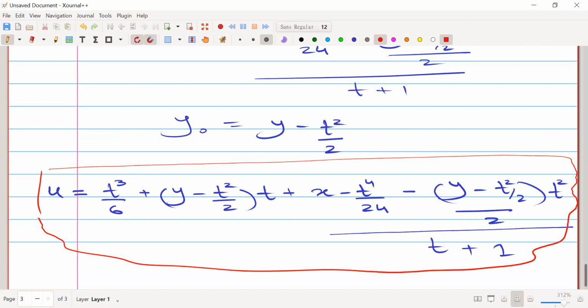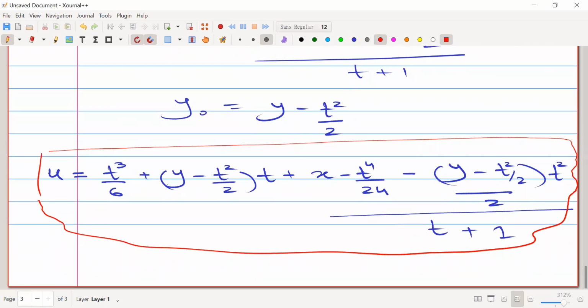If you want to verify the initial condition, u of x comma y comma 0 equals 0 plus 0 plus x minus 0, and again the t squared expression also will be 0, so we are left with x. So the initial condition is verified, and you can also verify the equation as well.